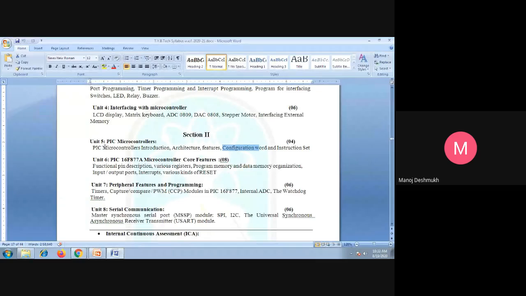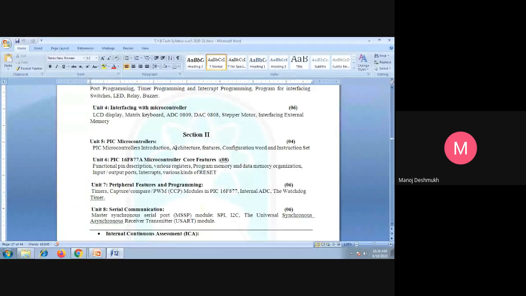Similar to the 8051, the pin diagram and function of IO ports is mentioned in the next chapter, that is unit number 6, functional pin description and IO port. Various registers and the working of IO ports are mentioned in the next chapter. So we will go with the features and then architecture. Initially, the pin diagram is also in the same chapter, but here the pin diagram is separated from this unit.